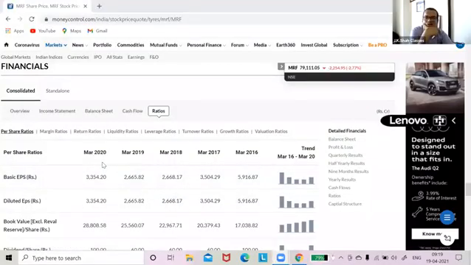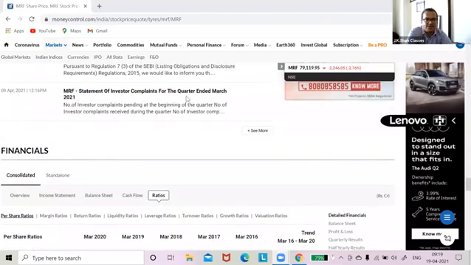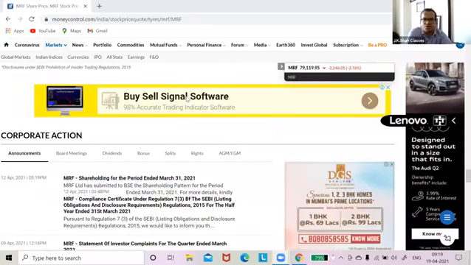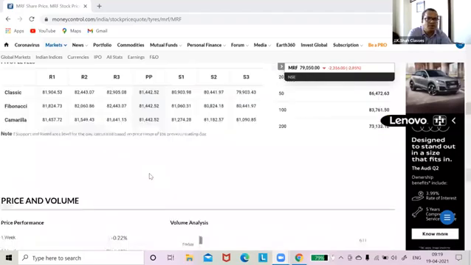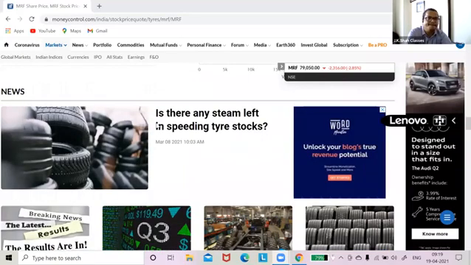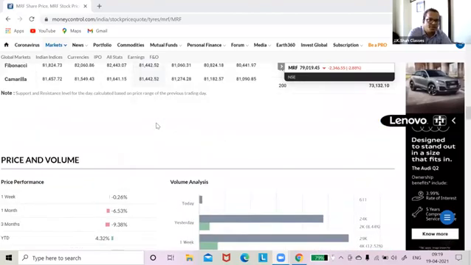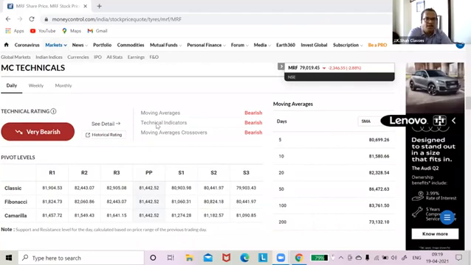Okay. Why is the screen like this? What happens? See, this is about a few details of Moneycontrol.